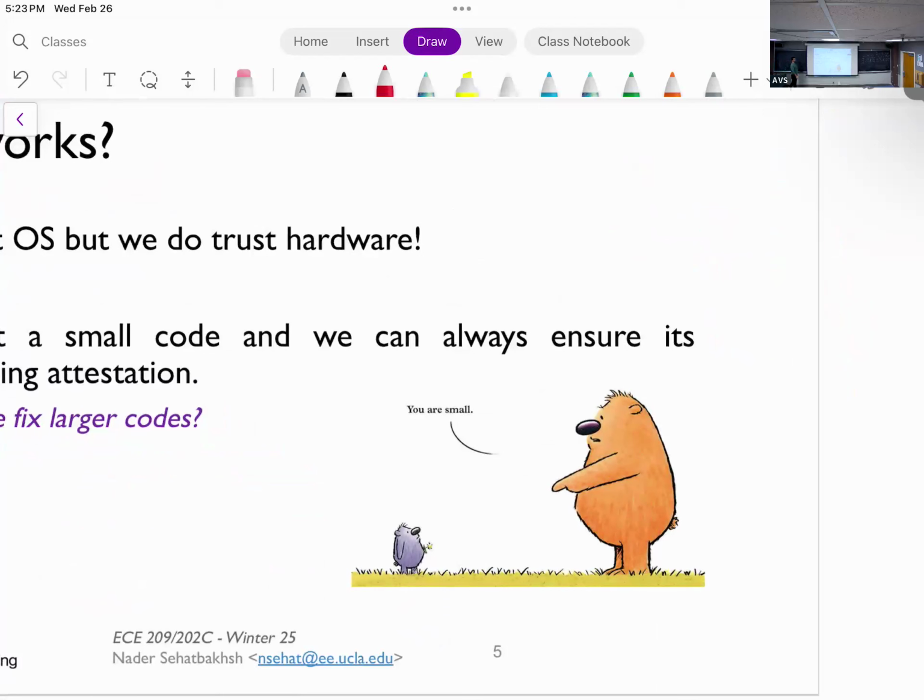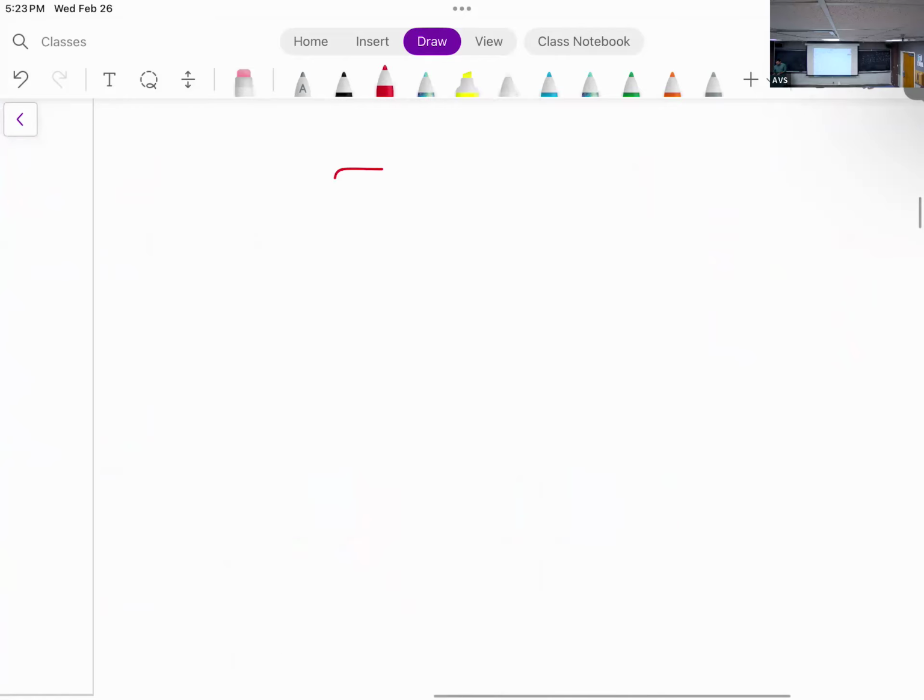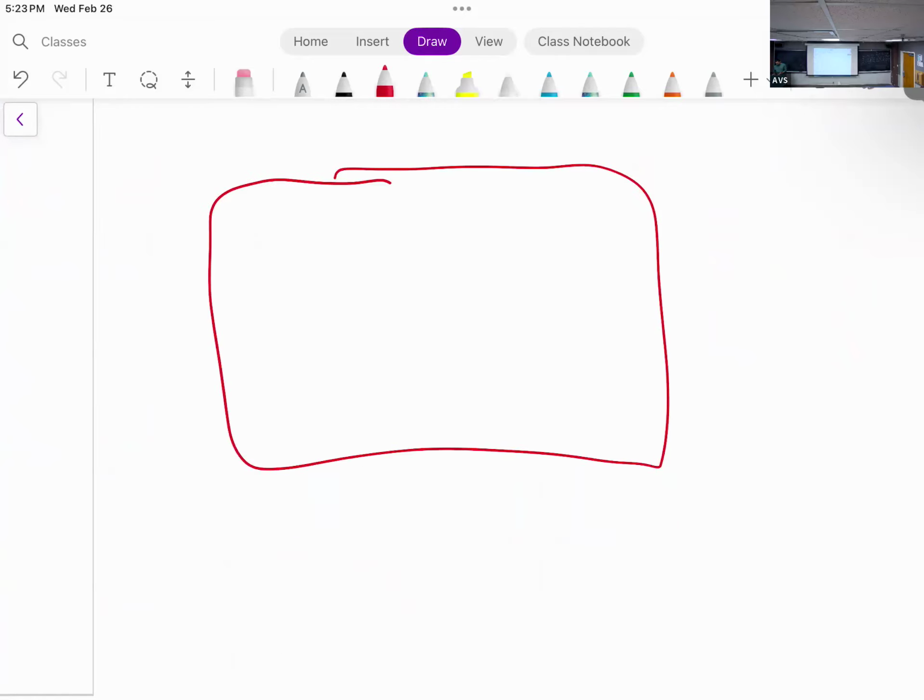The reason this is a good idea is based on the principle that smaller code is less buggy and less prone to attacks, okay? That's why I can still have a very large operating system, for example Linux, that has thousands and thousands of lines of code. But instead of relying on this to handle everything for me, I'm going to have a smaller OS, which we usually call a trusted OS, that is very, very tiny.